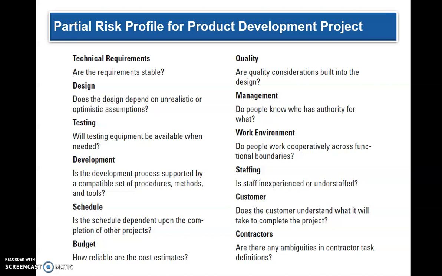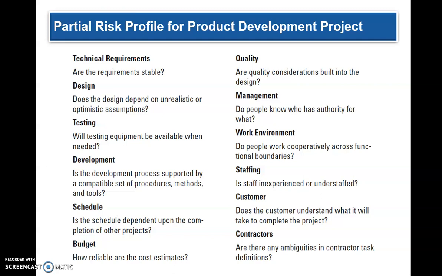So the partial risk profile for a product development project from the book is: in the technology area, are the technical requirements stable? That is a risk that you can take a look at. In the design part of it, does the design depend on unrealistic or optimistic assumptions?